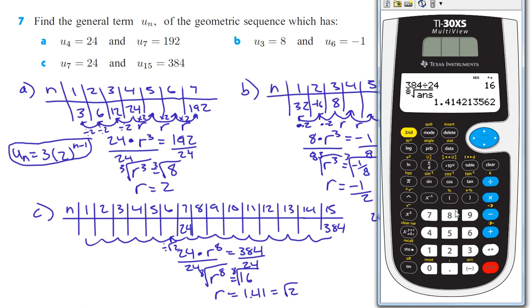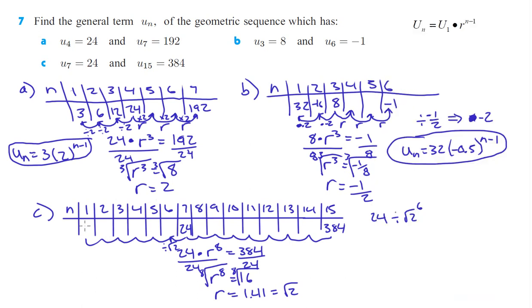So we've got 24 divided by, let's do parentheses, our answer to the 6th power. There we go. So we're taking 24 and dividing it by 1.41 six times, just to see what we get. And we happen to get 3.